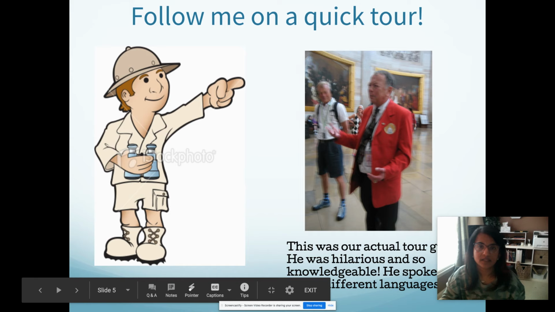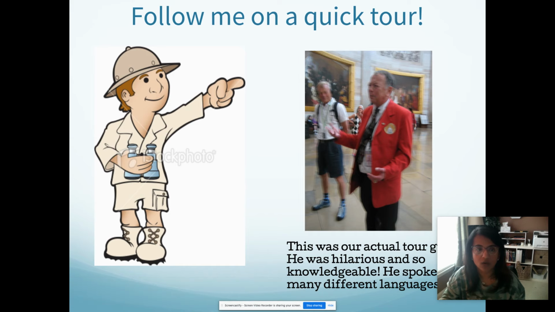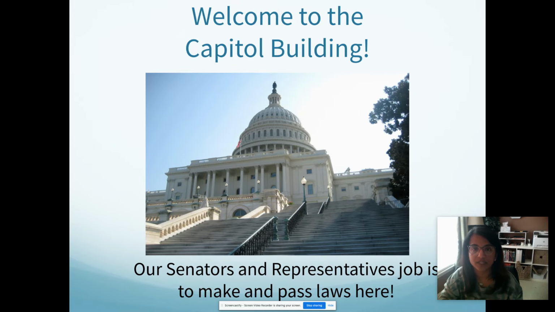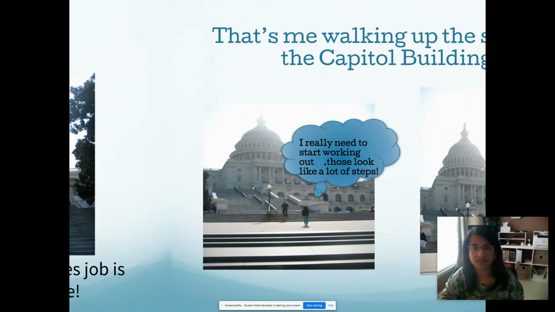Okay. So I went on a little quick tour. Our first stop was the United States Capitol, which is where the legislative branch is. And this is the beautiful Capitol building. This is where our senators and representatives work. This is where they make and pass all of our laws.